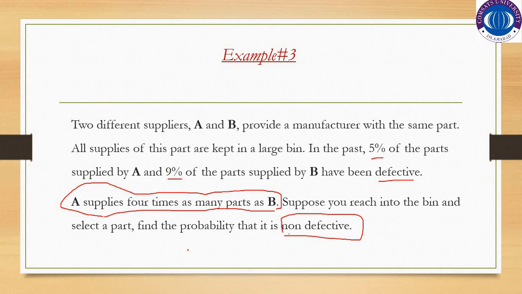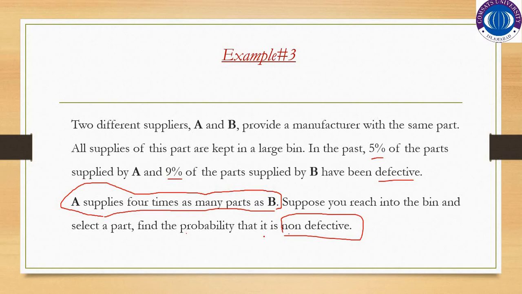And what we know further is only that A supplies 4 times as many as B. We don't know how much A supplies, only that A supplies 4 times as many as B. And what probability do we have to find? We have to find the probability that the selected part is non-defective.